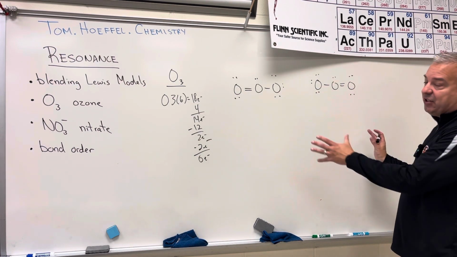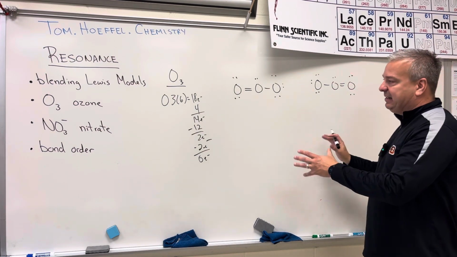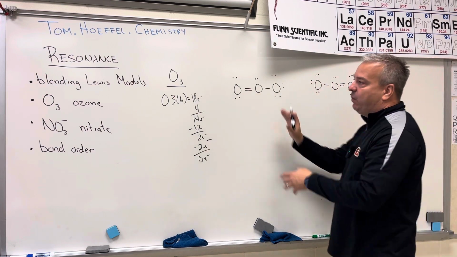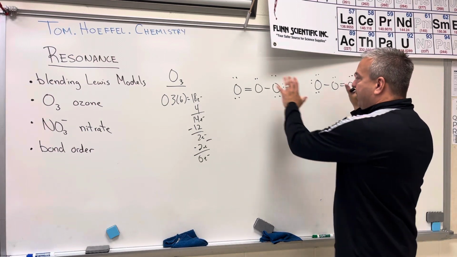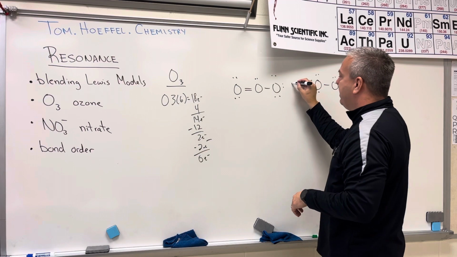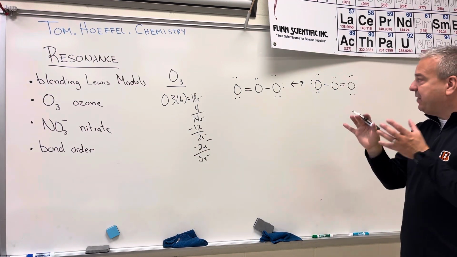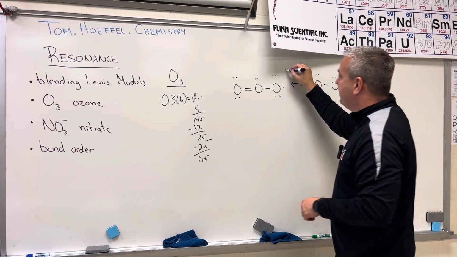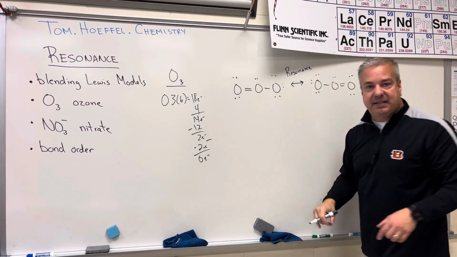Now, understanding this is different than just completing the octets. Completing the octets is one level of understanding chemistry, but truly understanding resonance is a whole other level. Whenever you have these options, I can do the double bond on the left or the double bond on the right, we have to put this double arrow in between. What this double arrow represents is that resonance is taking place.